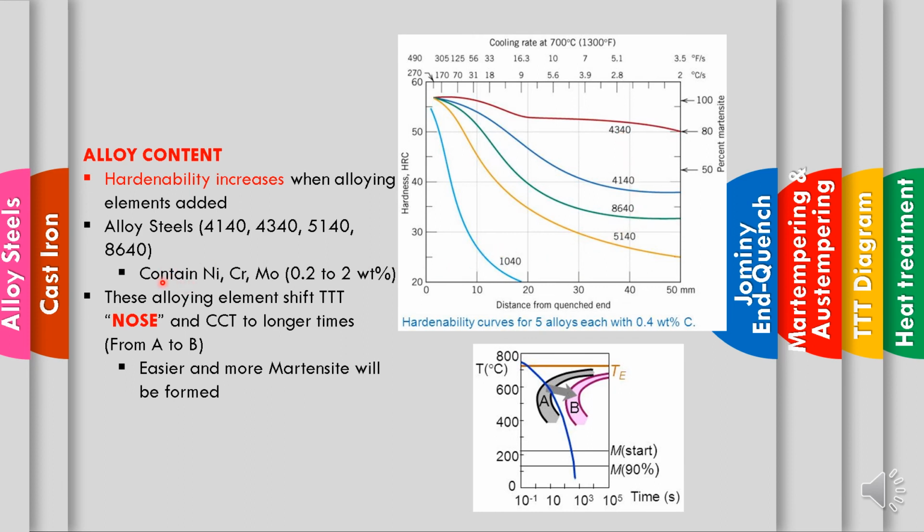Here we have the content of nickel and molybdenum, 0.2 to 2 weight percent. Basically, if we manipulate the element added here, the time temperature transformation curve will move to the right here.